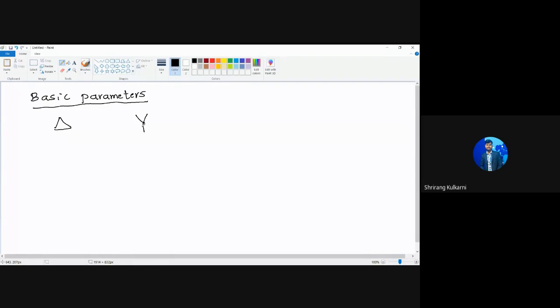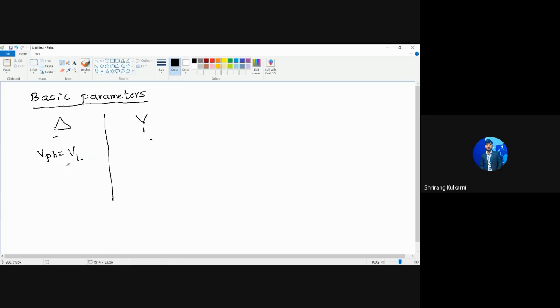Now we can study the relation between voltage and current: phase voltage and line voltage, and relation between currents, in terms of delta and star.